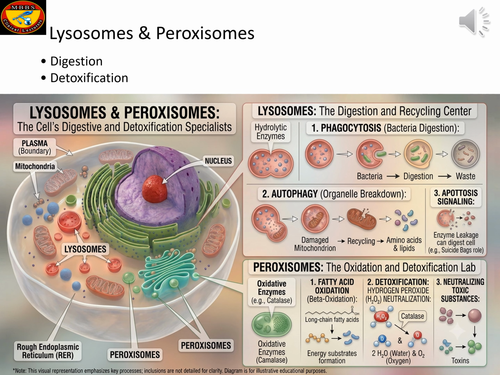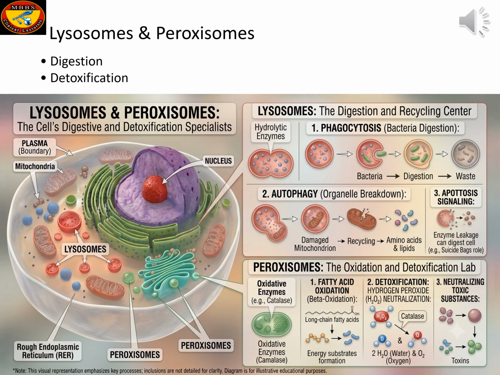Lysosomes and peroxisomes. Lysosomes contain hydrolytic enzymes. Functions: digest bacteria, break down damaged organelles, recycle cellular waste, destroy foreign particles. Known as the suicide bags of the cell because enzyme leakage can digest the cell itself.